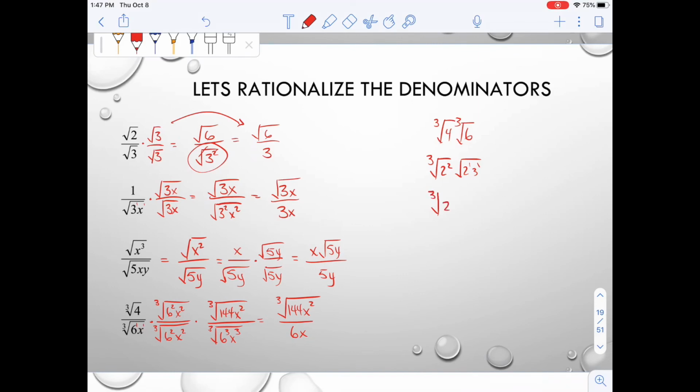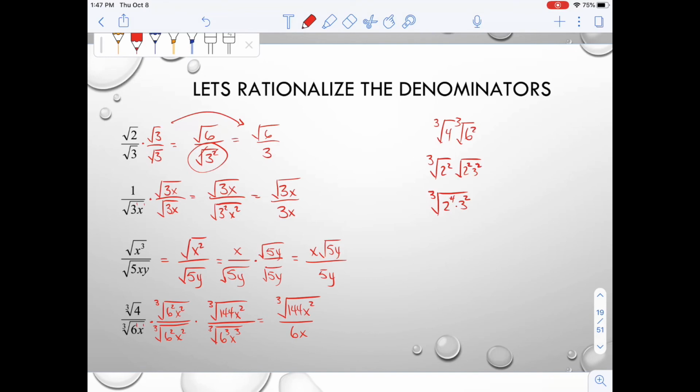When I combine here, I have a cube root of 2 to the third times 3 to the first. Excuse me, this is 6 squared, so these are each squared. So let me fix that here. So this is going to be 2 to the fourth times 3 squared. That's now going to work out the way I want. I forgot the square when I wrote that.